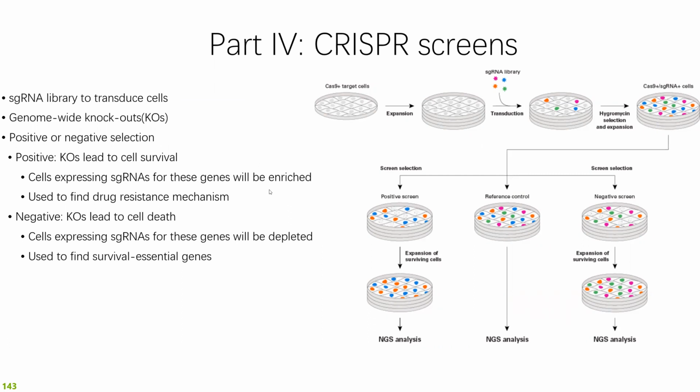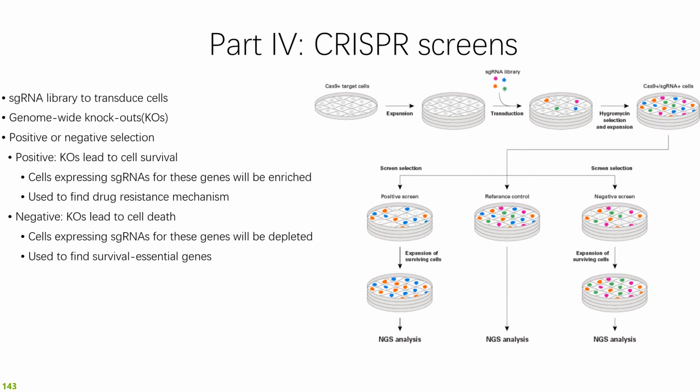That is, cells expressing sgRNAs for these genes will actually be enriched. And we can use positive selection to find, for example, drug resistance mechanisms.